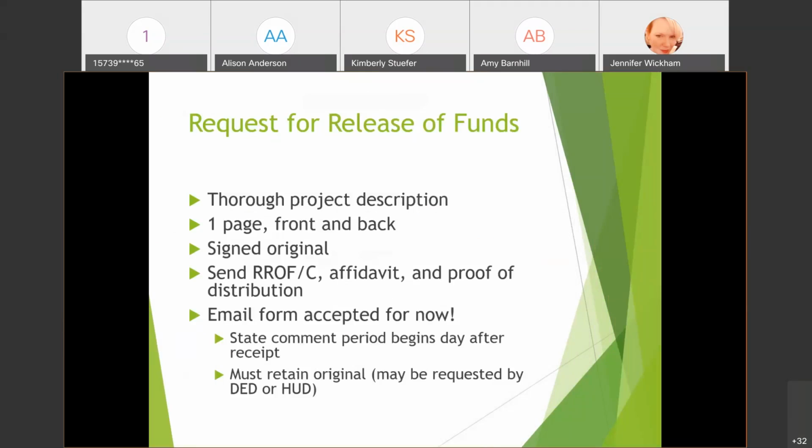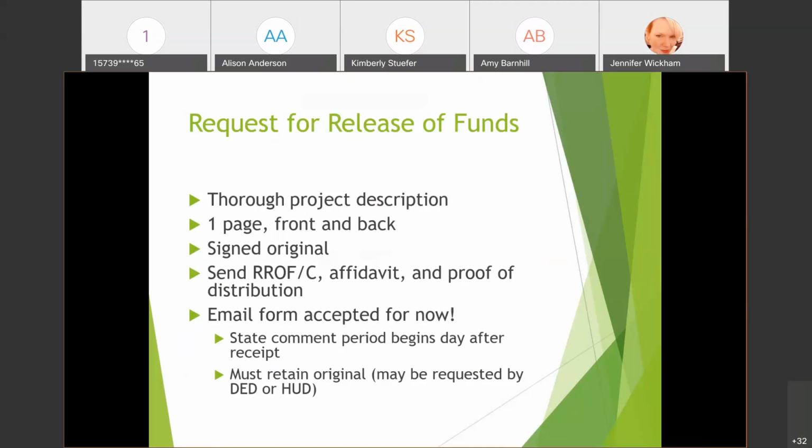To go over the request for release of funds, you need a thorough project description, and you have a front and back page. It needs to be a signed original copy. You send the request for release of funds and the affidavit of publication, along with the proof of distribution to the federal and state agencies and tribes that took place, to the state.